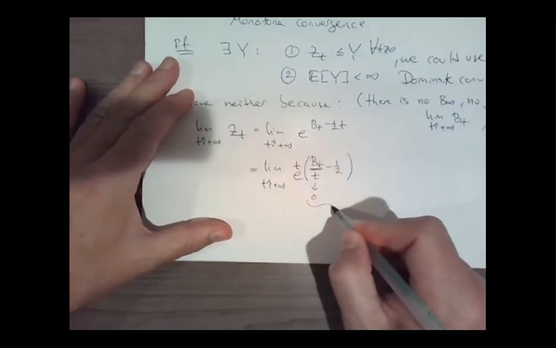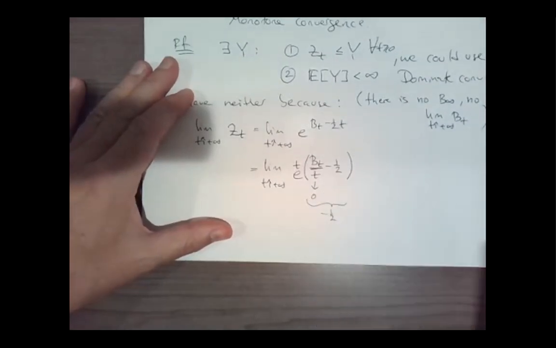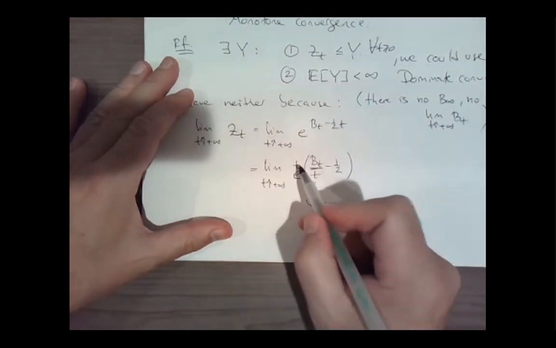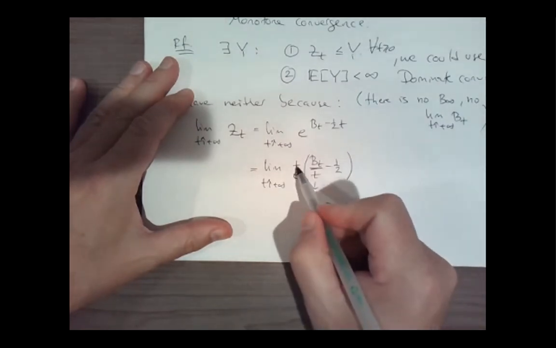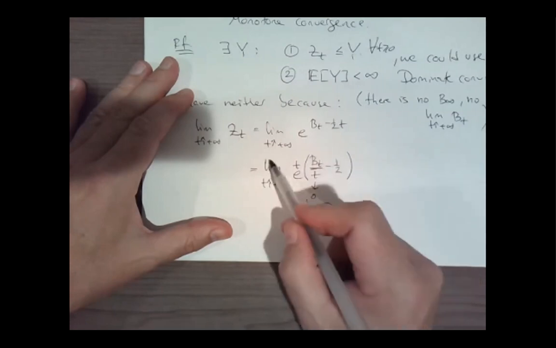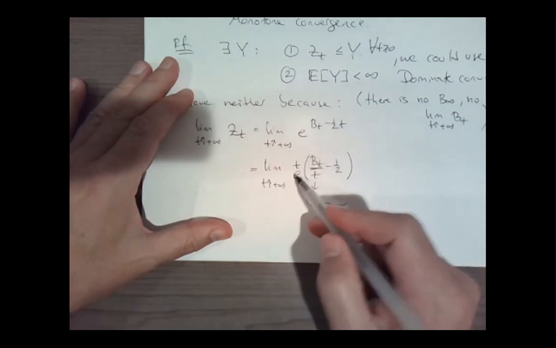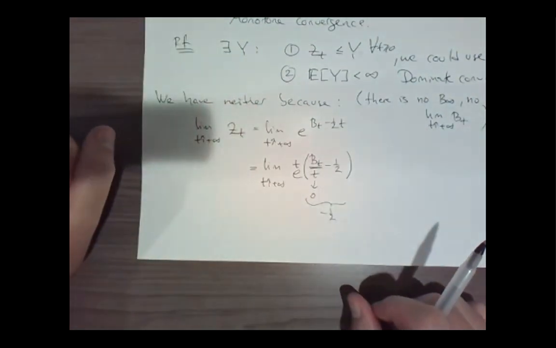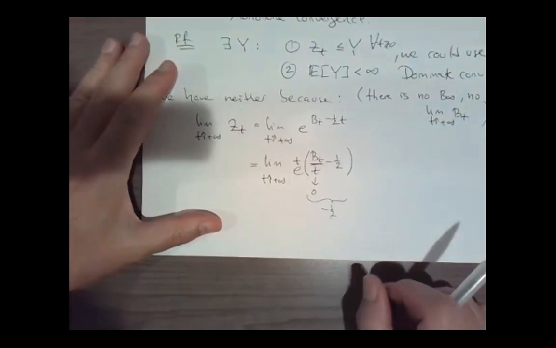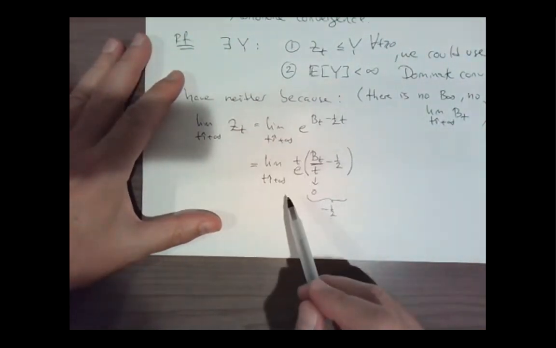So overall, what's inside the parentheses is going to go to minus 1/2. And then I have a t outside, and t is going to go off to plus infinity. So I have something that goes to minus 1/2 times something that goes to infinity. Put the two together, and I get something that converges to minus infinity.